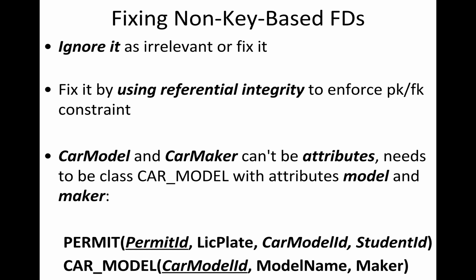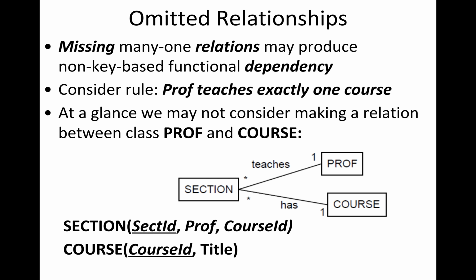Let's just keep the car model over here as part of the permit, and it will reference the list of all the car models, and in there you can keep track of the maker. Now you've removed the functional dependency, and you've removed the risk of inconsistency.